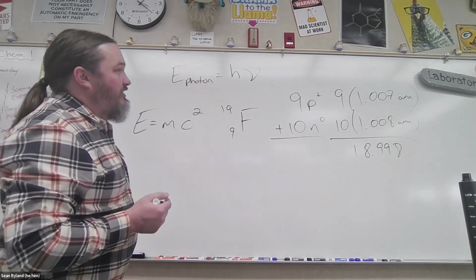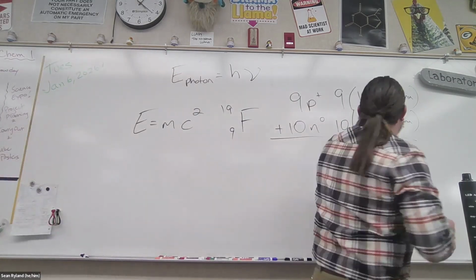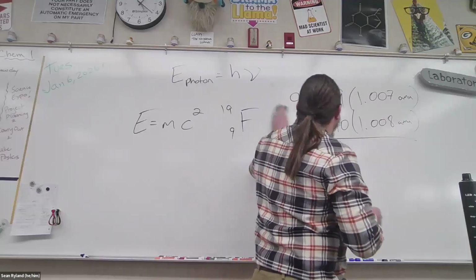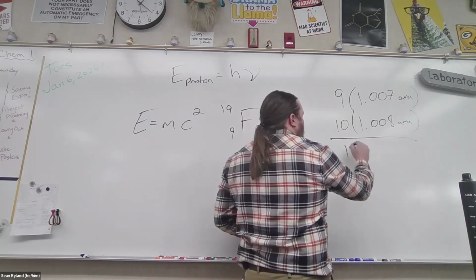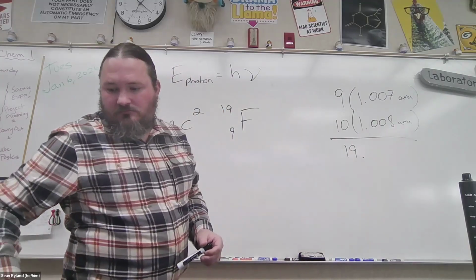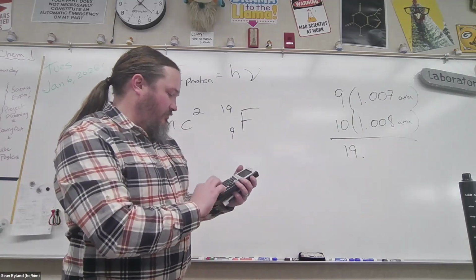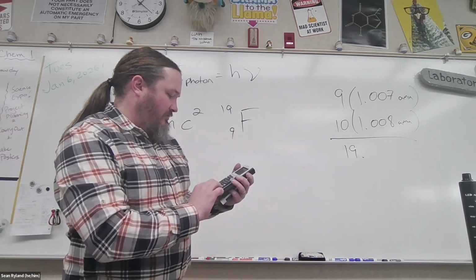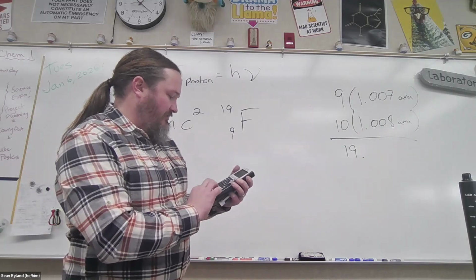So we can actually do the math for this one. What should these pieces add up to? 19 something, right? So 9 times 1.007 plus 10 times 1.008.